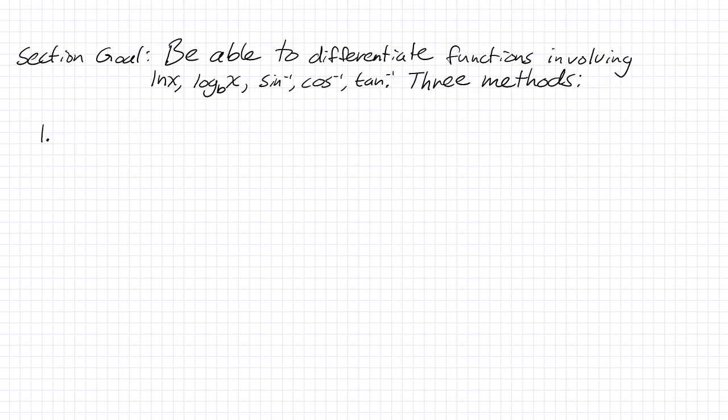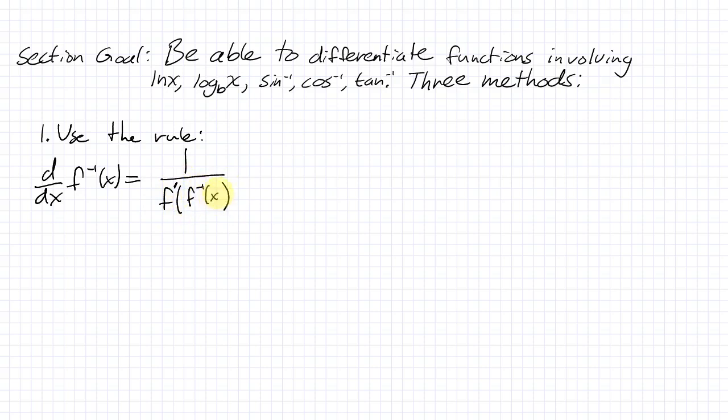The first method is to use that first rule. So that was just that the derivative of the inverse function is equal to 1 over f prime with the inverse function plugged in.